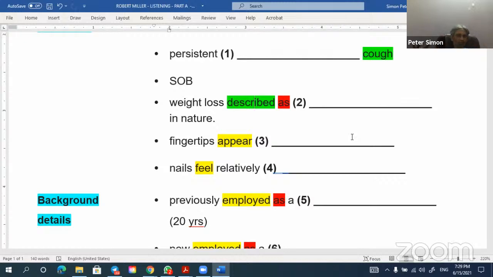So description: is clever, is talented, is beneficial, is useful, is great, is smart, she is beautiful. So like that. When you describe something, you describe them using adjectives.